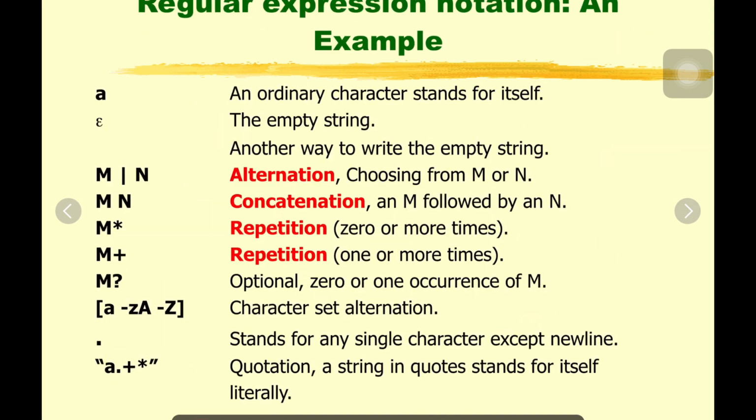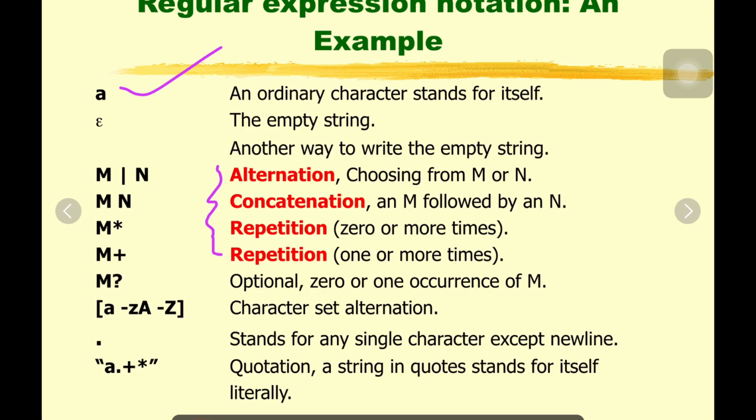Okay, so we will look once again at some examples of regular expressions. A is an example, any character, so it is a regular expression. The empty string is represented by epsilon. These three or four are repeating or more important.